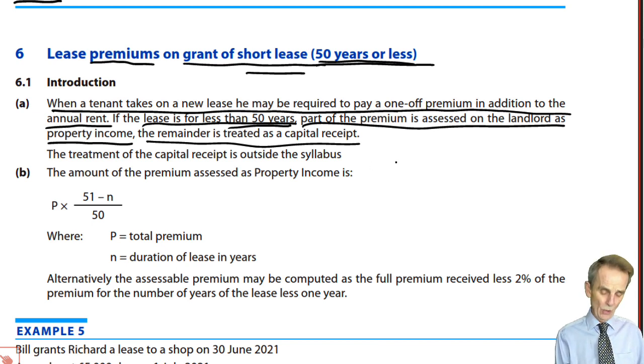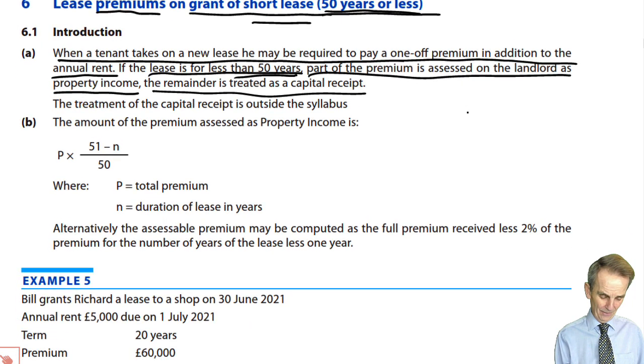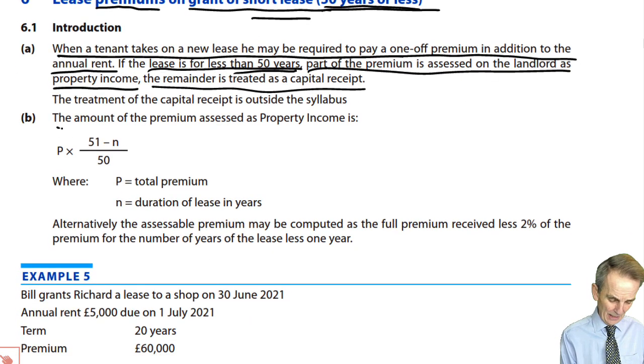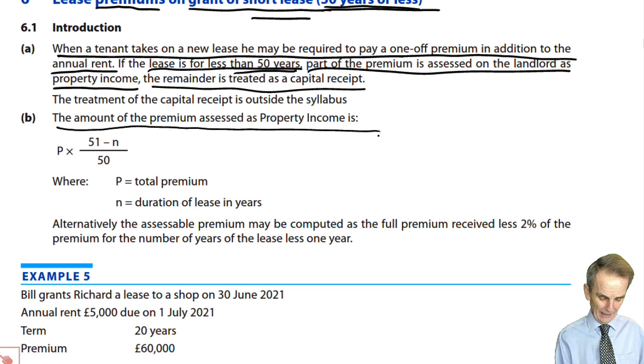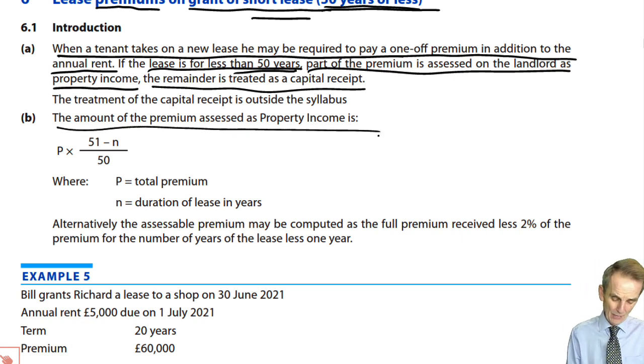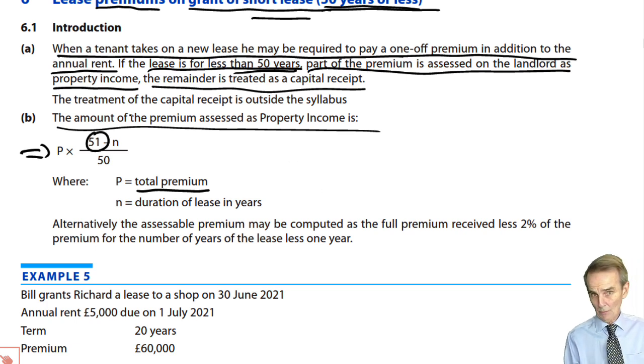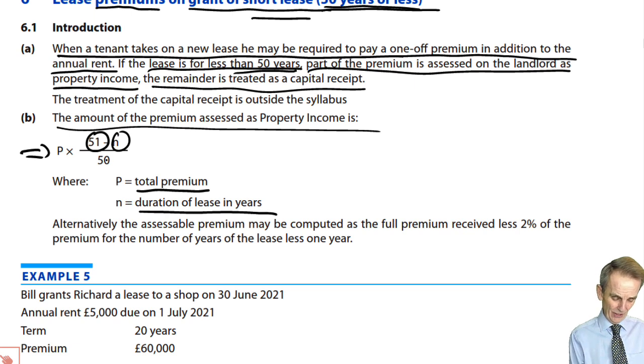So how do we work out our amount of income receipt? We need to remember this little formula, because the amount of the premium assessed as property income is P, the total premium, multiplied by (51 minus N) over 50. 51 is one more than 50, hence our 50-year lease limit for short leases, and N is the duration of the lease.